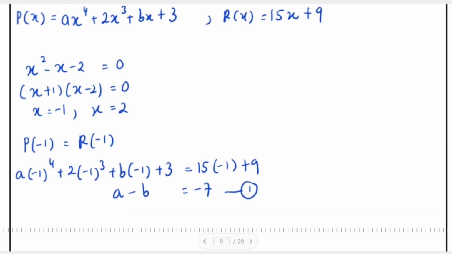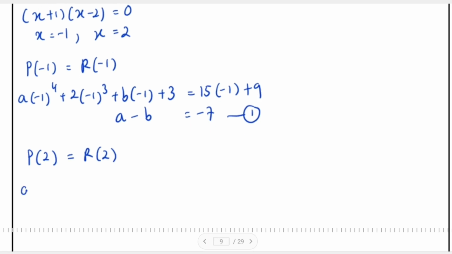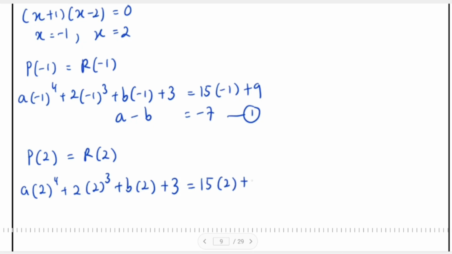And for the second equation, we substitute 2 into the polynomial and also 2 into the remainder, which means we get a times 2 to the power of 4 plus 2 times 2 to the power of 3 plus b multiplied by 2 plus 3, equals 15 multiplied by 2 plus 9.